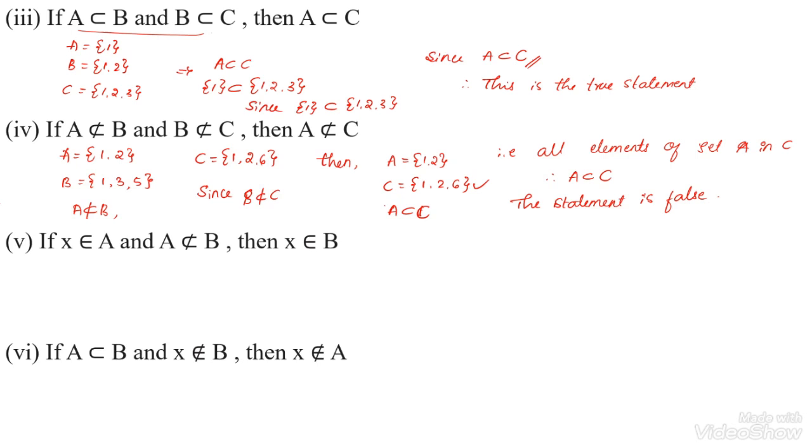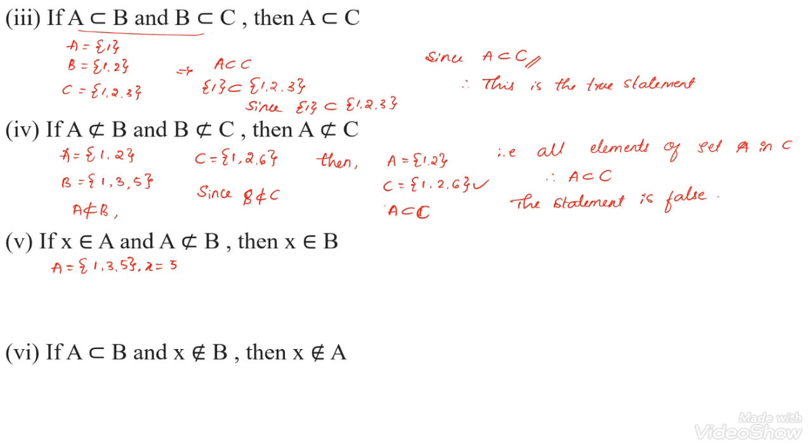If X is an element which belongs to set A, and A is not a subset of B, then X is also an element of B. First, I will take one set A containing the elements 1, 3, 5, and X be an element. I will take any one element as X here. I will take it as 5.